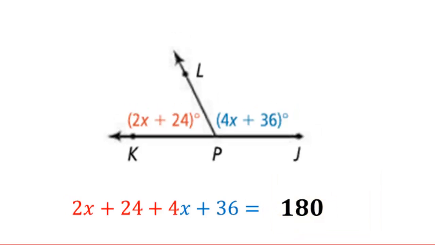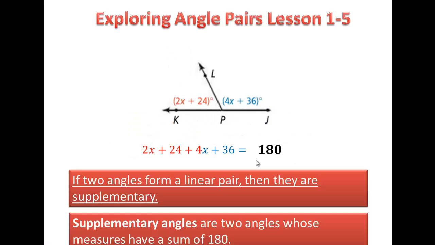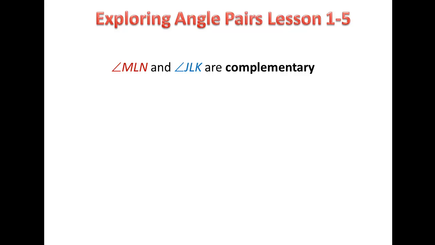In class, we will actually take the time to solve for x and plug it in so that we can figure out what each individual angle actually is. But today I just want to show you how to set it up, and then we will practice doing those steps in class together.